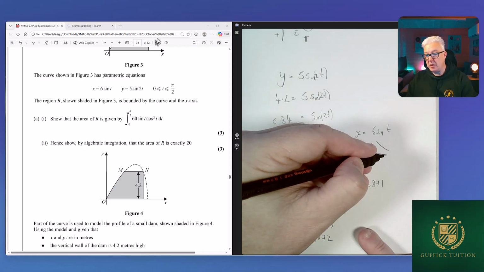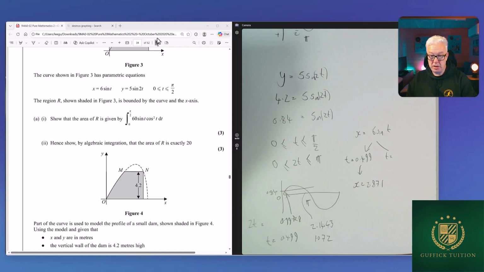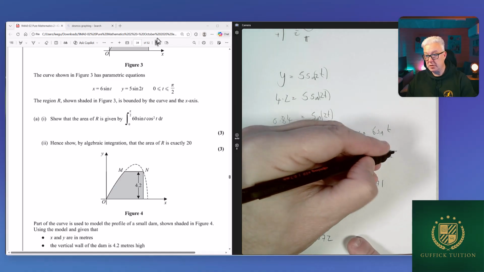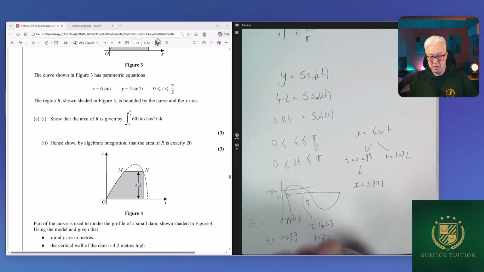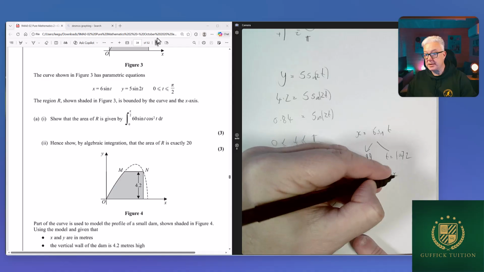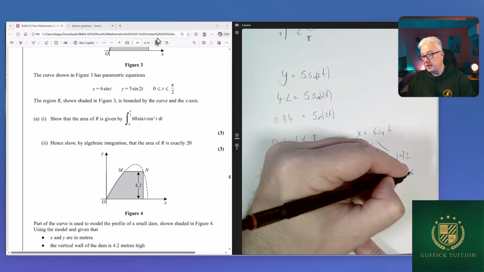And then when t is equal to 1.072, sine of 1.072 gives me 0.878, times that by 6 gives me 5.269. So x is equal to 5.269.